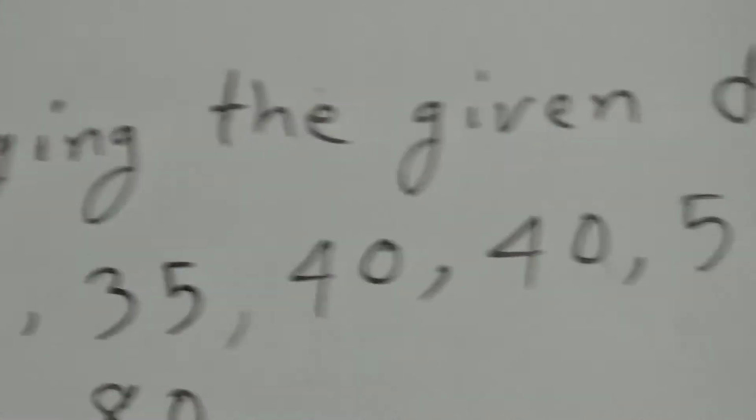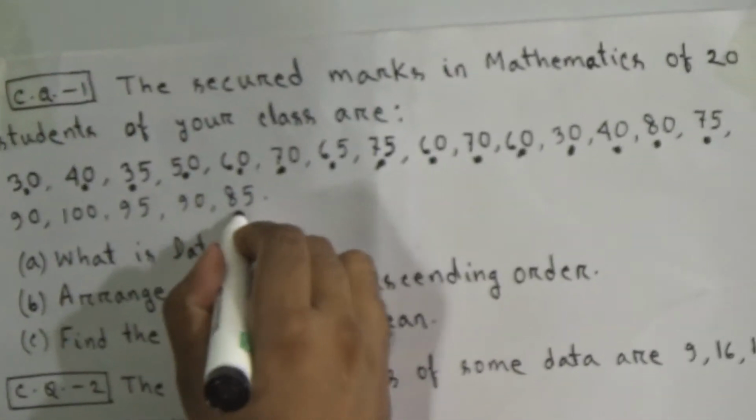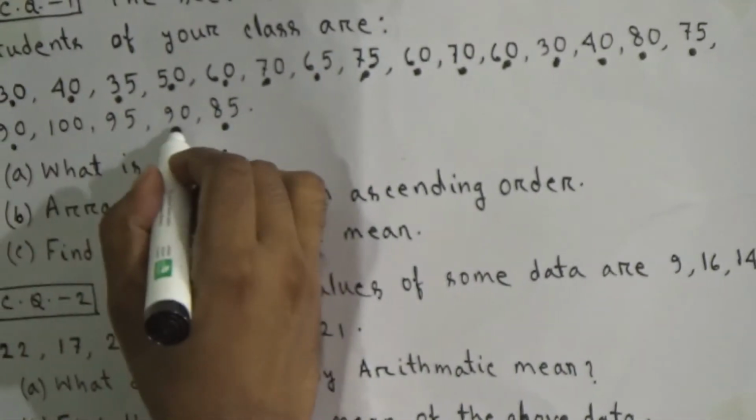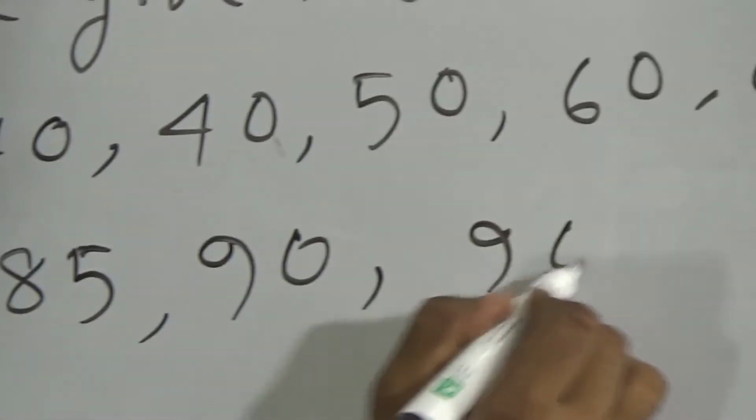Now 85, only 1 time. 85. Then 90 exists here 2 times, 90 and 90.